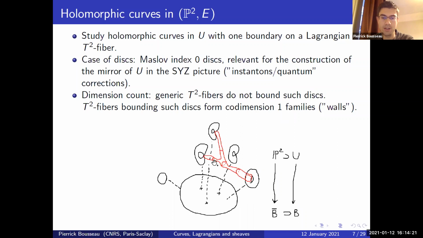In particular, it is eating 2 of the 3 singular fibers. So in the case of disks, so of genus 0 curves with one boundary, we look more precisely at so-called Maslov index 0 disks, which are the ones relevant for the construction of the mirror of U in the Strominger-Yau-Zaslow picture of mirror symmetry. They're exactly the so-called instanton or quantum corrections.